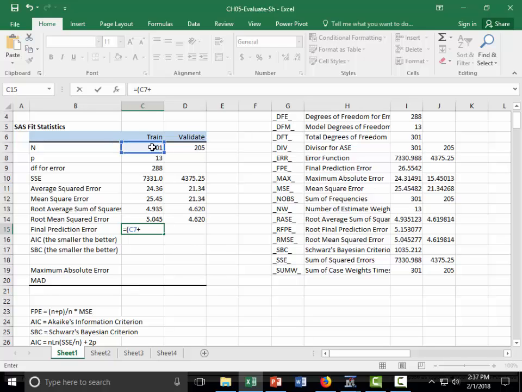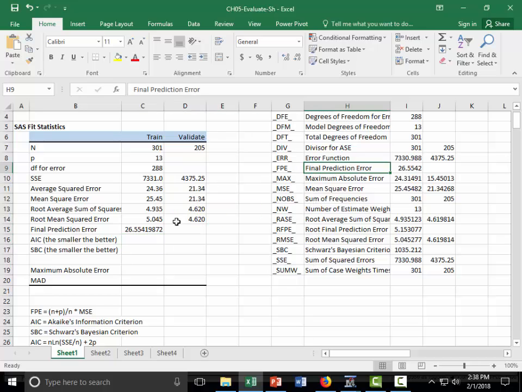n plus p divided by n, and then you multiply that factor by MSE. So that is your final prediction error.